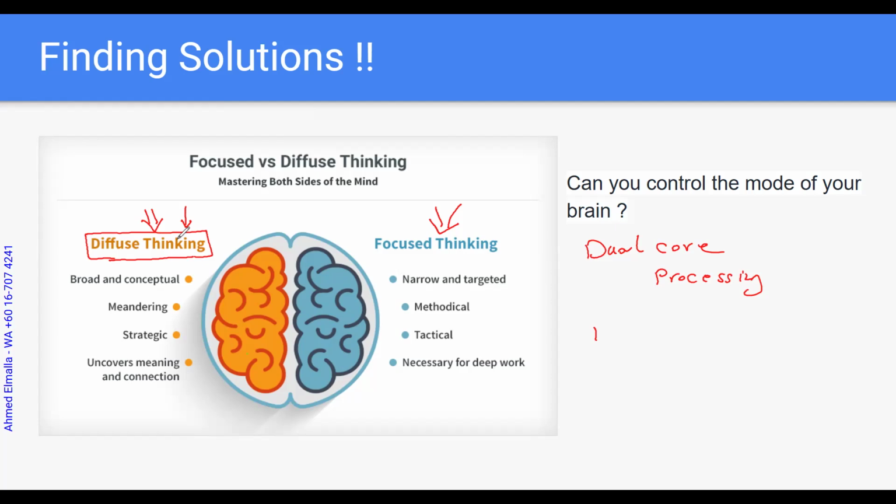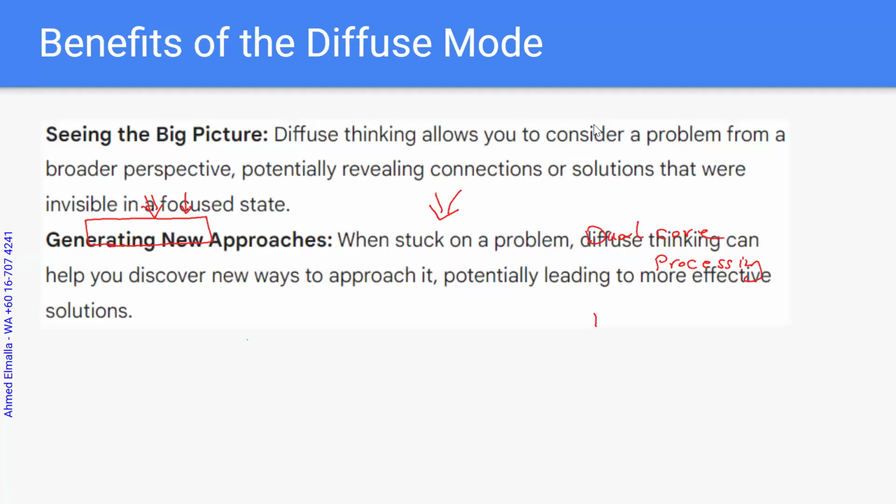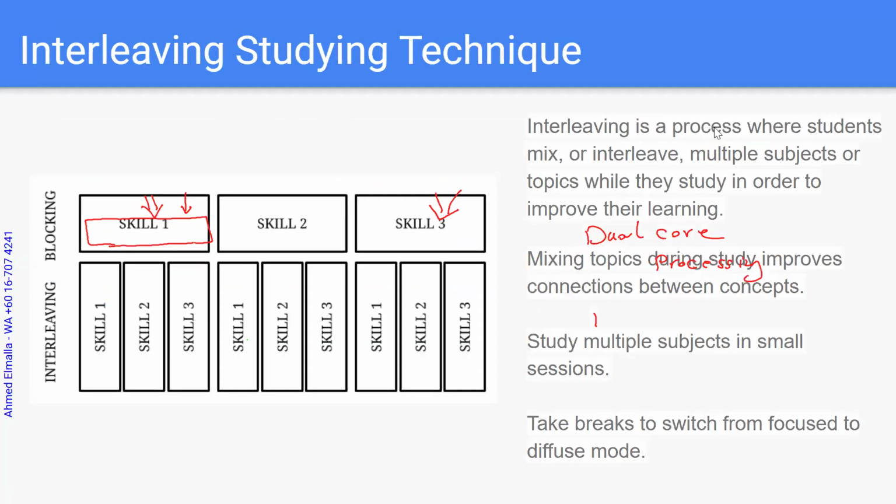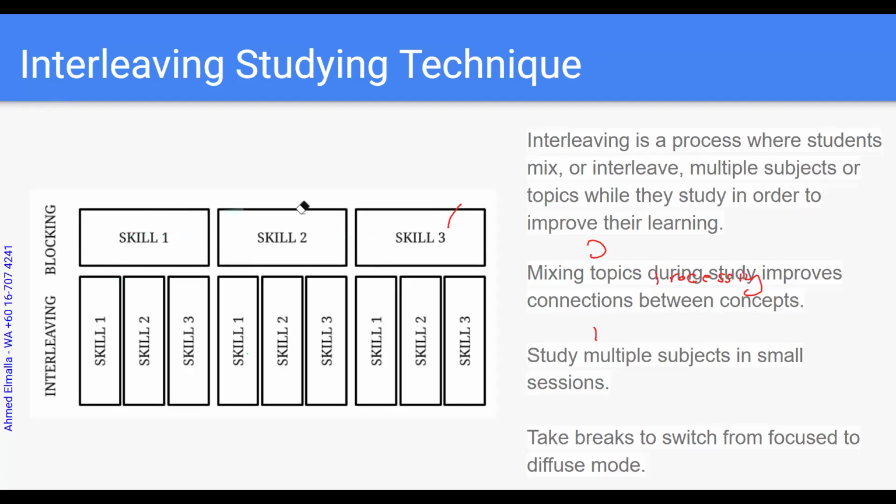This is done automatically without you interfering, without you feeling it. Okay. But you just need the technique to trigger that mode. Did I make it clear? Yes, you did. Okay, that's good. I will move to, yeah, there is a study technique called the interleaving study technique.